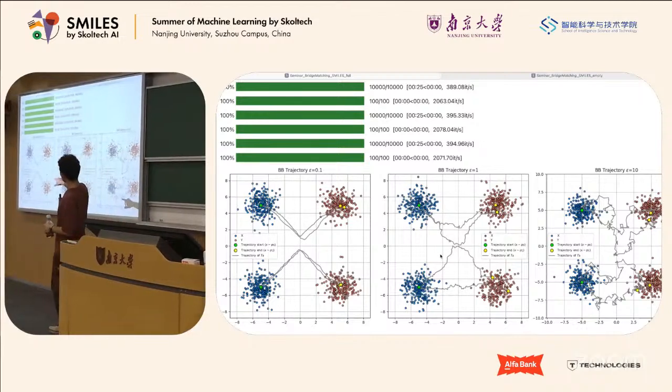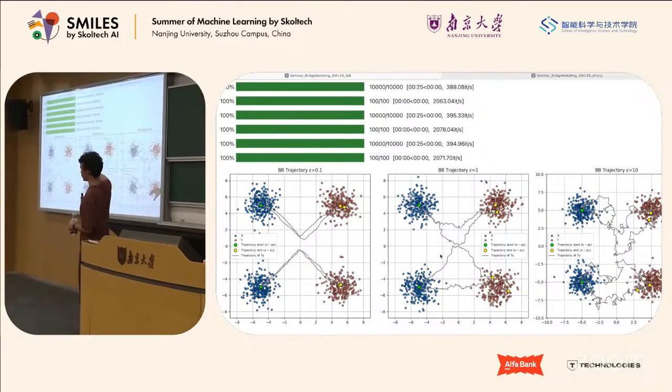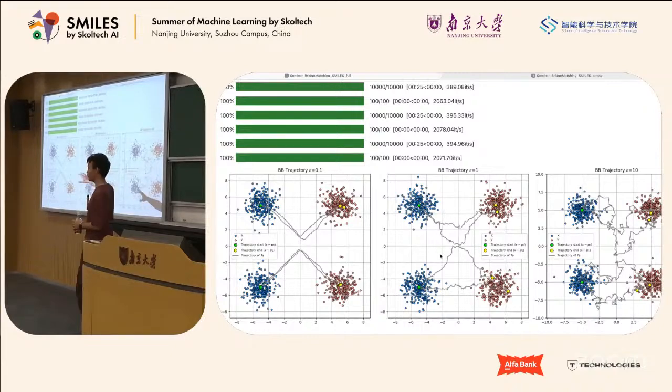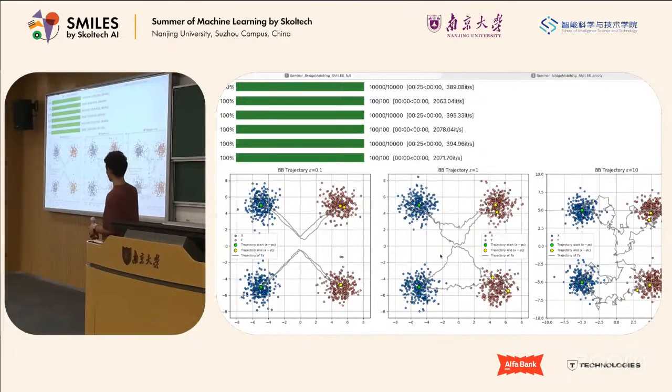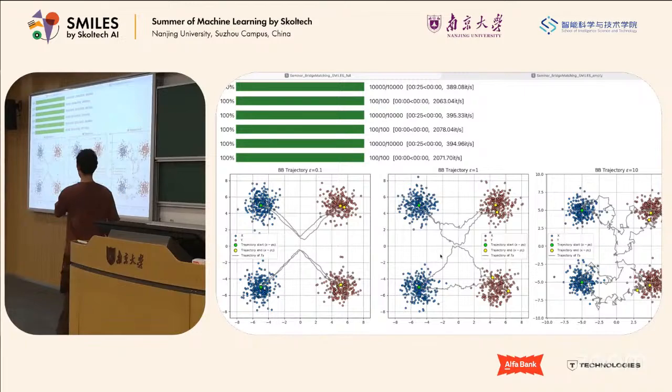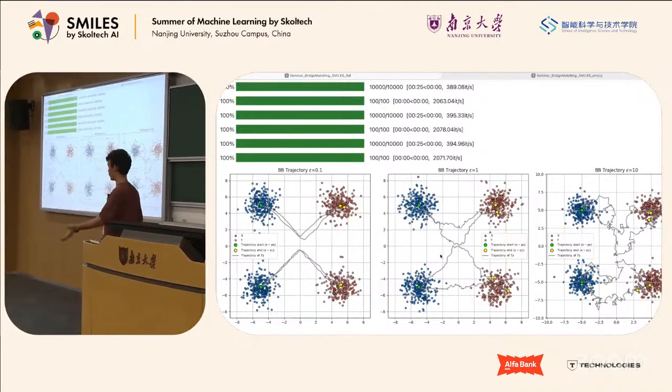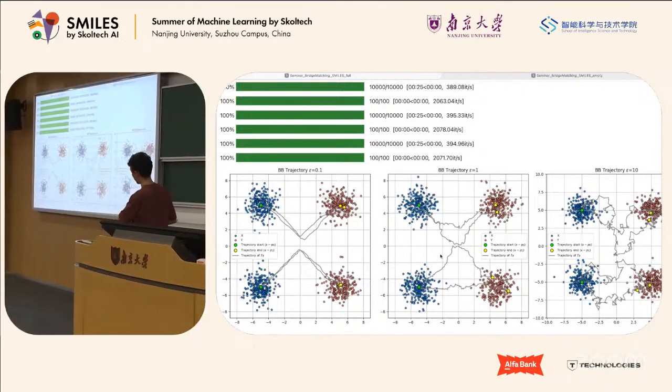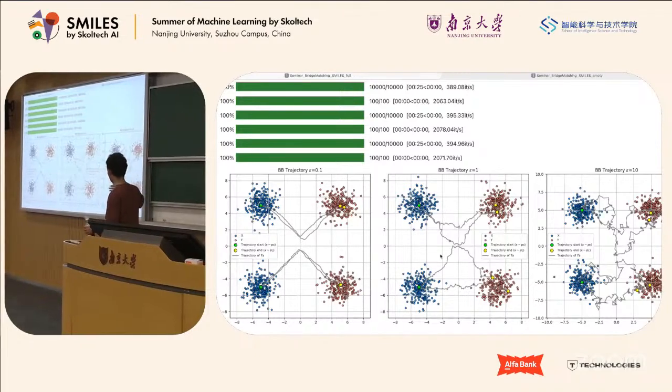In the case we had previously, we trained our bridge matching models with volatility equal to 1. However, here on the left, we have a case with 10 times less volatility, and on the right, a case with 10 times more volatility. It is quite evident that the diffusion trajectories on the left have less volatility than the other ones, and the trajectories on the right have more volatility than the previous ones.